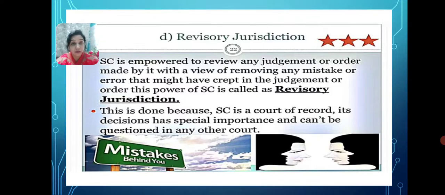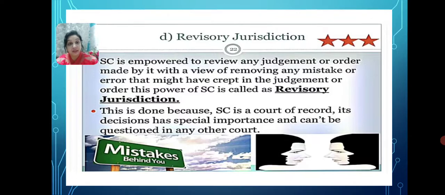If, okay, the word if is very important. If there is any error that might have crept into the judgment. Maybe sometimes the lower court judge has given 15 years of imprisonment, and maybe that particular case is not that serious that you give 15 years of imprisonment. In that case the judgment can be revised by the Supreme Court, and no lower court has the authority to question the revised judgment made by the Supreme Court.